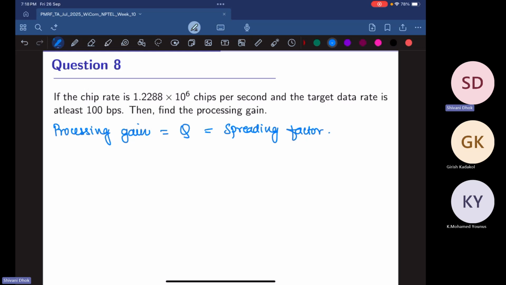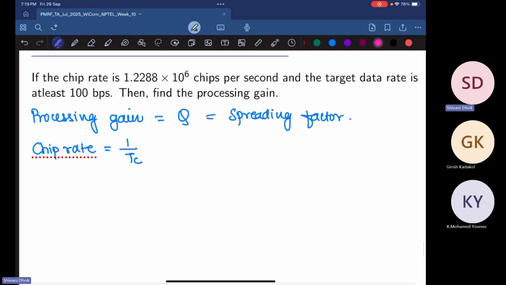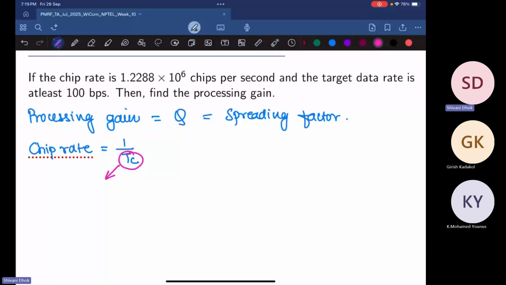Now this chip rate is 1 by Tc, where this Tc is your chip duration, and this is given to you as 1.2288 into 10 raised to 6 chips per second.